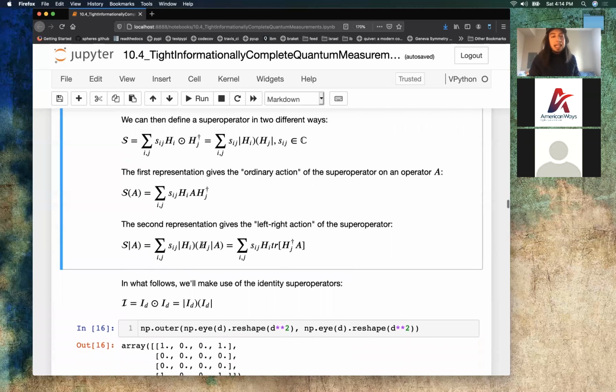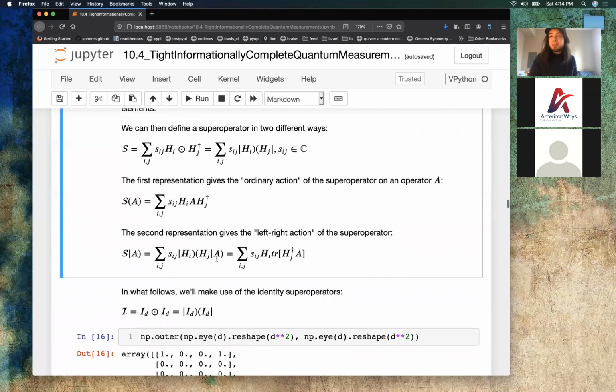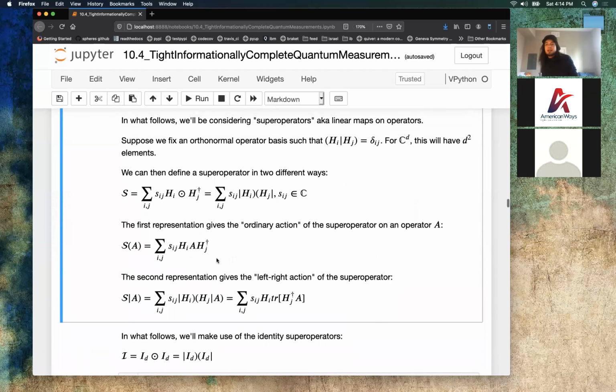And it acts on the vectorized version of the operator A. In other words, you can have an operator A, and then you can evolve it with your superoperator by wedging it in the middle of these guys. Or you can vectorize these and get a matrix, and then this one will act on the vectorized version of the operator.